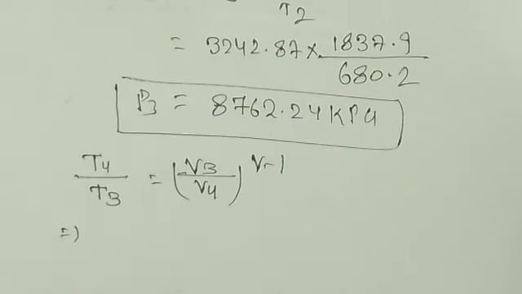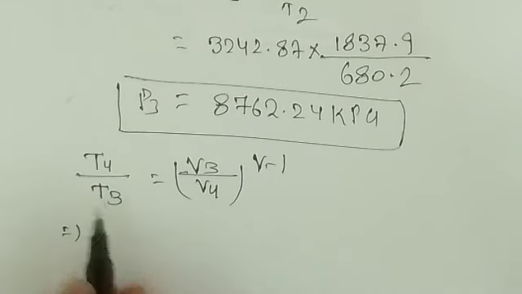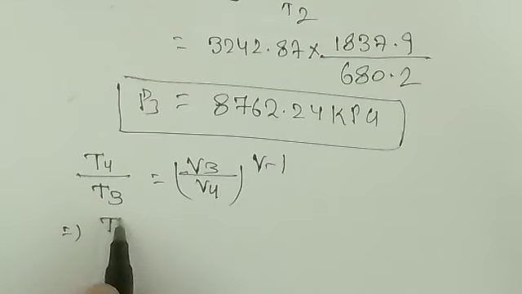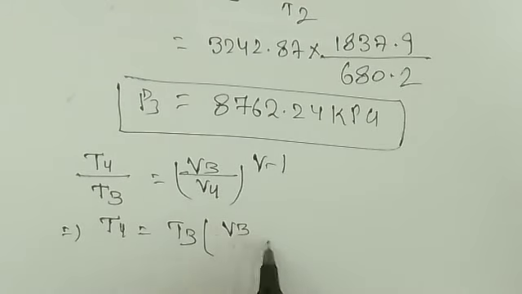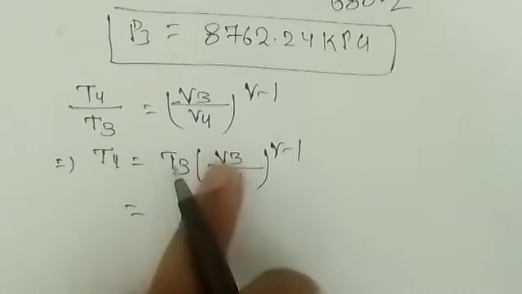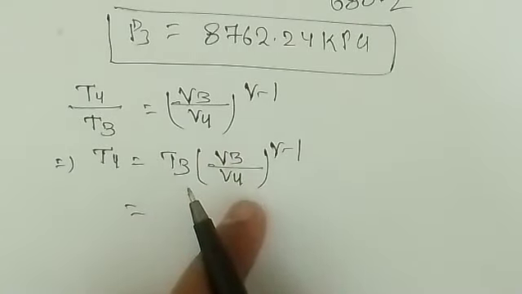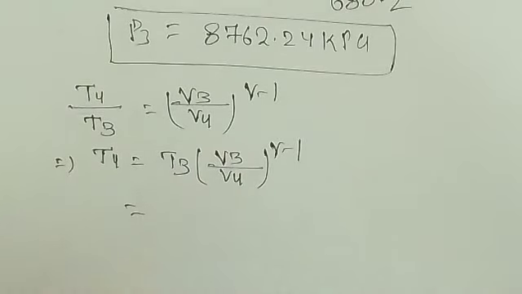It is adiabatic expansion. So V3 is equal to V2 and V4 is equal to V1. So T4 is equal to T3 times (V3 by V4) to the power of gamma minus 1. You know V1 by V2 is equal to RC, so V2 by V1 is equal to 1 by RC.